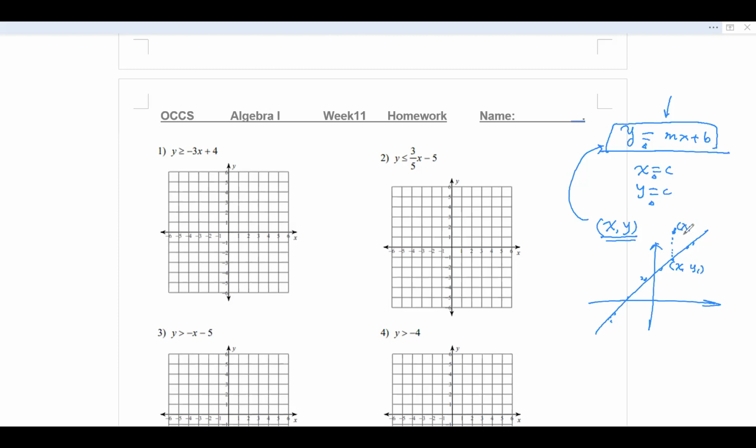Here x is the same, right? And y2, suppose this dot. You can see x, y1 meets the equation, but this y2 is greater than y1, right? y1 actually meets y equals mx plus b, this one is equal. So any dot above this line is greater than the description.